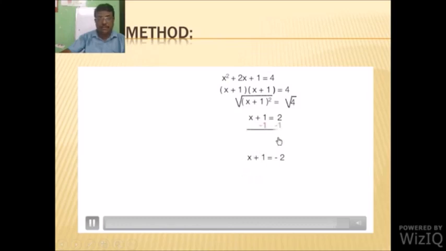This can be solved by subtracting 1 on both sides, so that can be cancelled. You get the value x equal to 1. Same way you can solve the second equation also. X equal to minus 3 we will get. So we get the final solution for the equation, that is 1 and minus 3.